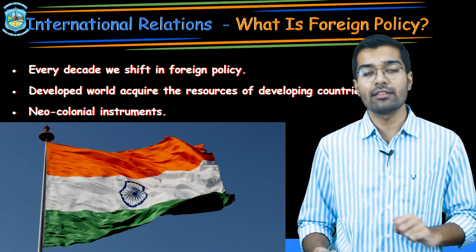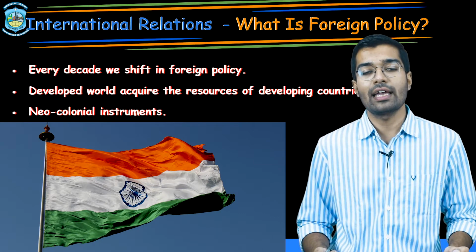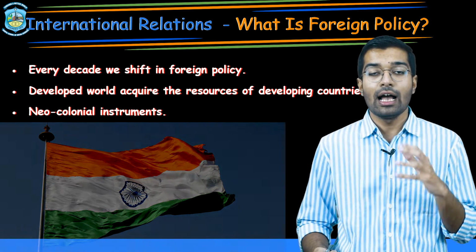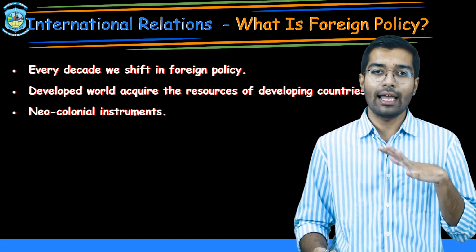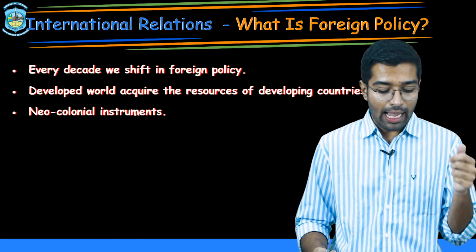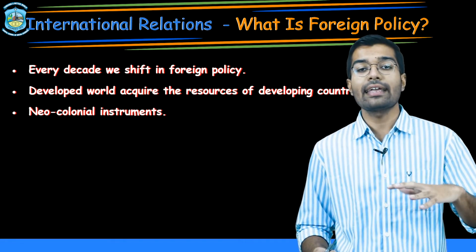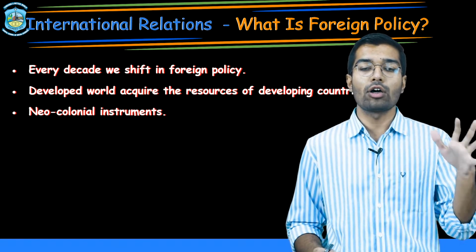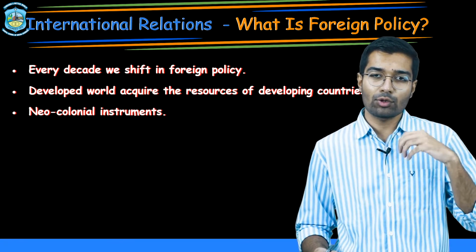Developed world acquires the resources of developing countries. Even in the present era, we are seeing that the developed countries are targeting the developing countries. Take an example, like America is extracting the resources of Africa, and it is known as a neo-colonial instrument. Earlier we were a colony of Britain, but now they have controlled our mind.